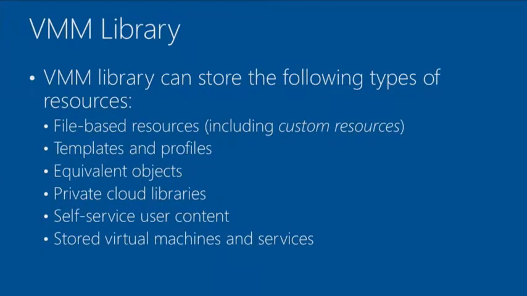Now, you also see file-based resources here. So I'm going to talk about custom resources in kind of a one-off way. A custom resource is any file-based resource that I need to get in there, typically a script that I need to get into VMM to use as part of my deployment process. So to make VMM recognize something as a custom resource, I simply create a folder and give it a name that ends in .cr for custom resource.